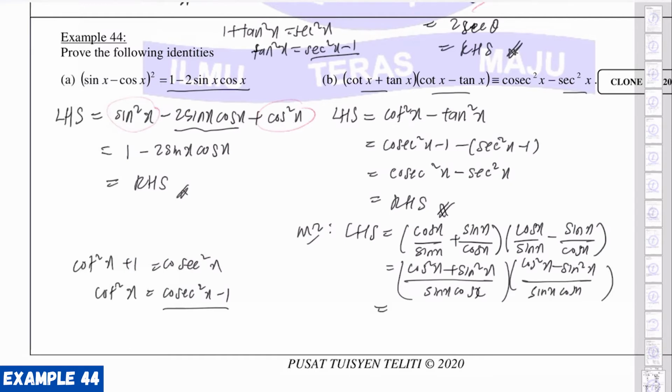But this method is a bit long. We know cos square plus sine square is going to give us 1. And this is cos square x minus sine square x. Whereas these two, when you multiply together, you are going to get a sine square and a cos square. So what we have to do is to split them into two. Sorry, I'm running out of space.